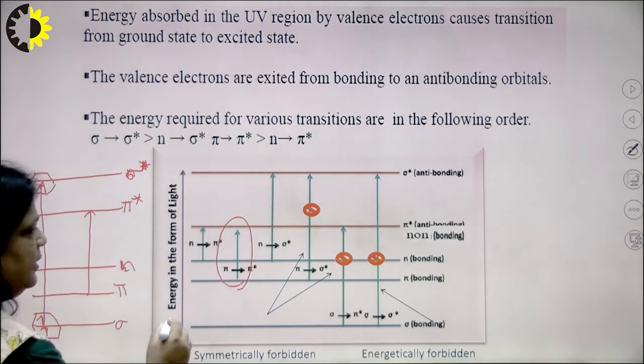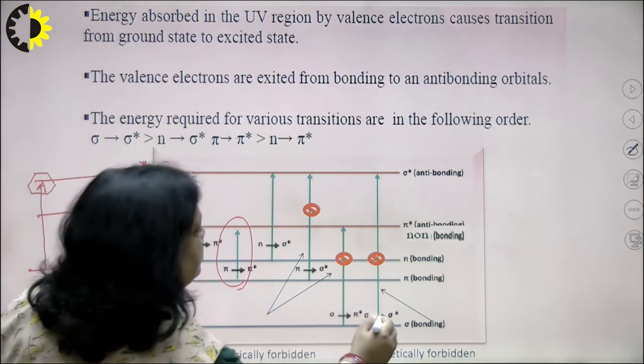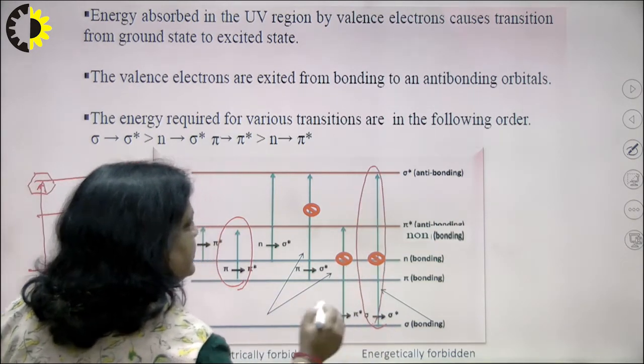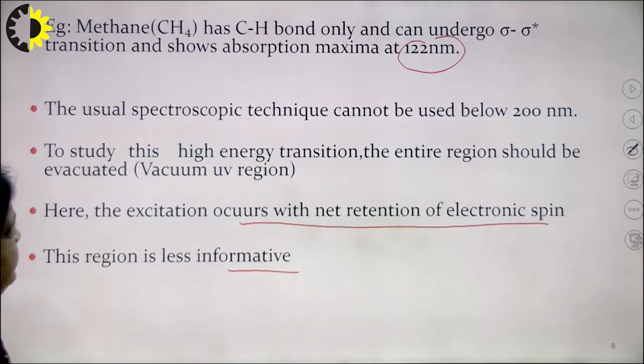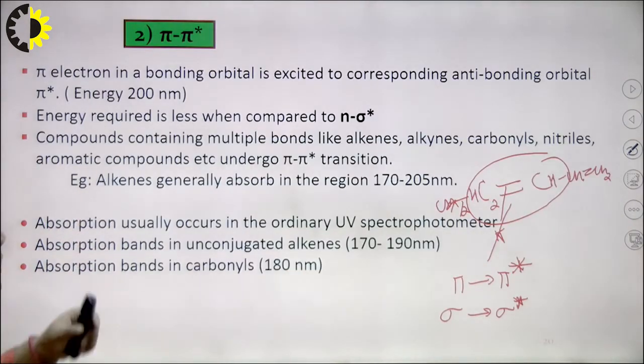And the first transition, sigma to sigma star, was the maximum. The energy required here is less as compared to n to sigma star.